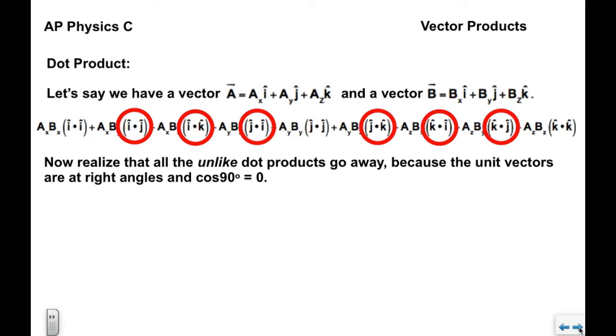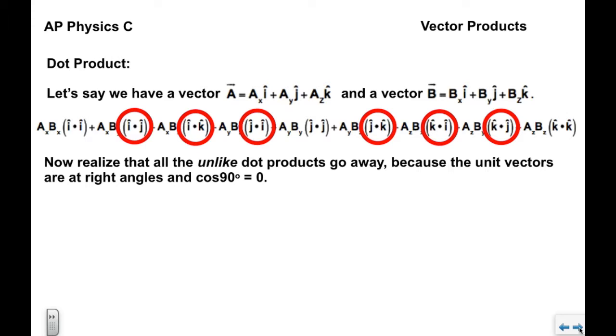Now, if we go back to the definition of the dot product, AB cosine theta, where theta is the angle between them, we can realize that all of the unlike dot products go away, because the unit vectors are at right angles. The angle between them, therefore, is 90 degrees, and the cosine of 90 degrees is 0. We know that the definition of the unit vectors implies that they have a magnitude of 1.